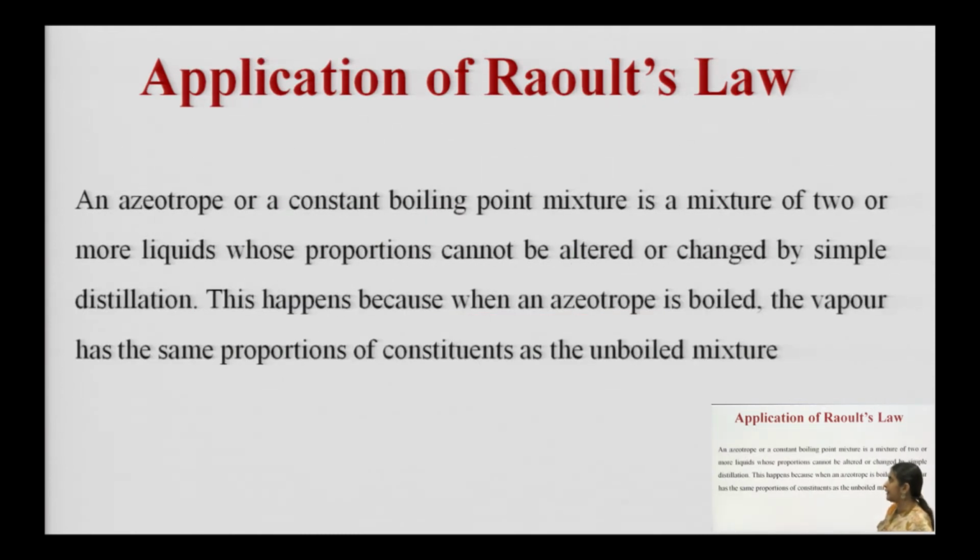Then in some cases, two liquids start to boil at a constant boiling point. This is a mixture of two or more liquids whose proportion cannot be changed by simple distillation, and they behave as azeotropes.